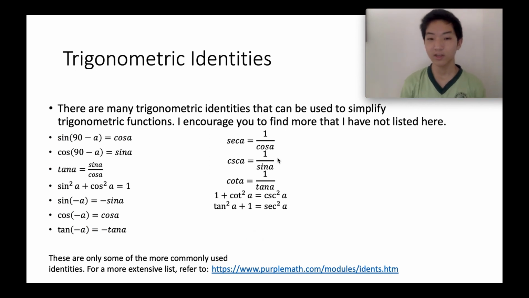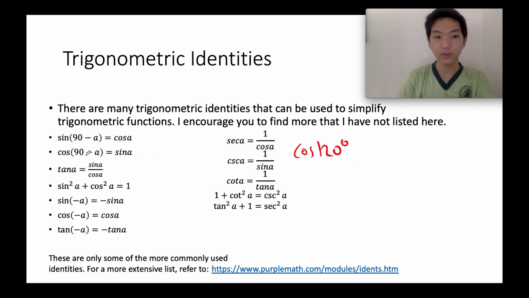One final note that I have to add is that finding the value of cosine 120 degrees, or any angle greater than 90 degrees, is actually not beyond the scope of this course. We can use these trigonometric identities shown here to find the value. So we have cosine 120 degrees. Well, we can convert it to sine using this trigonometric identity.